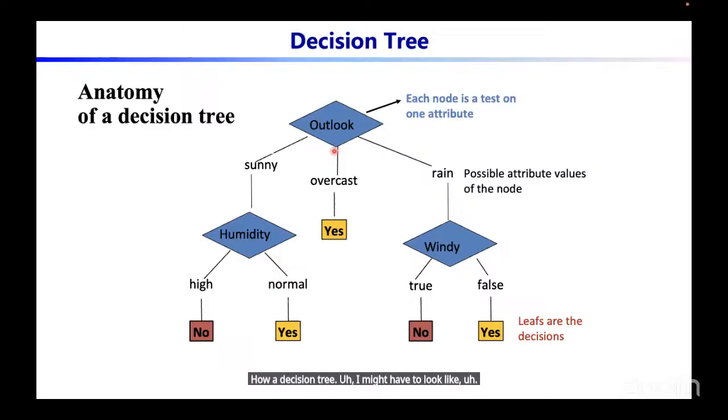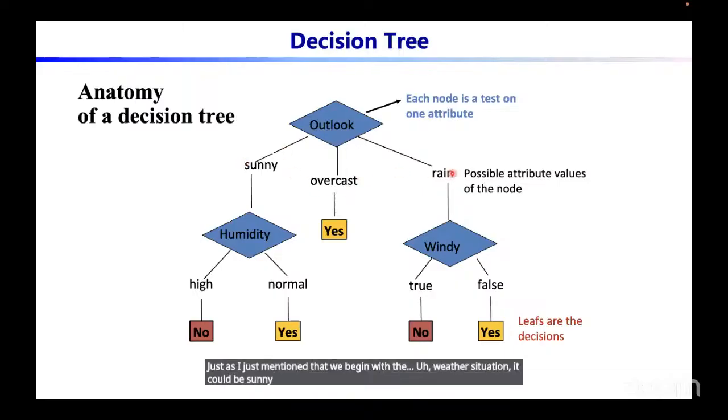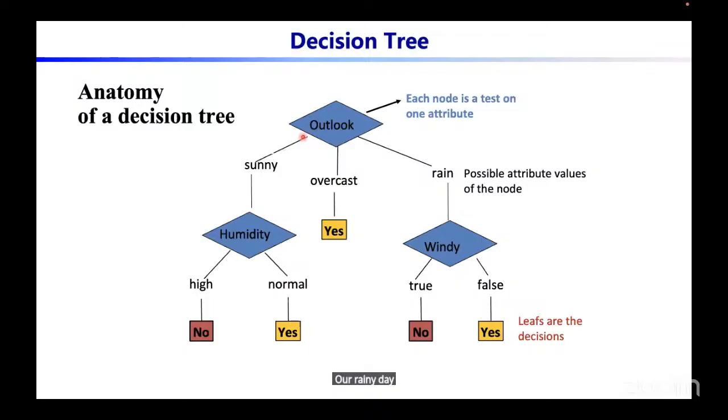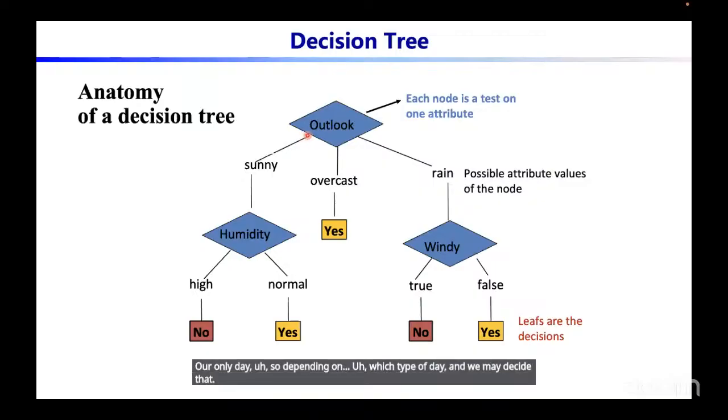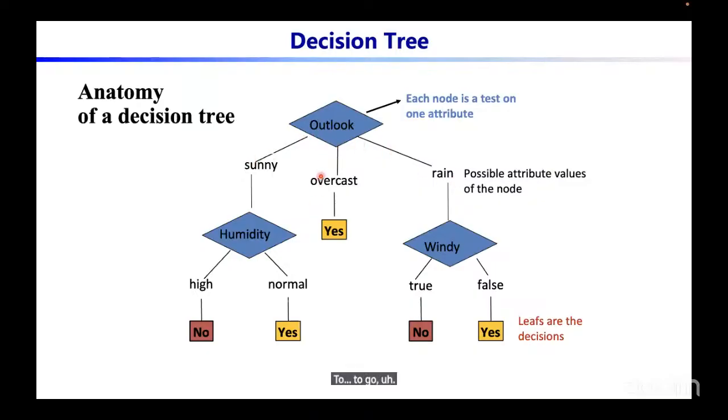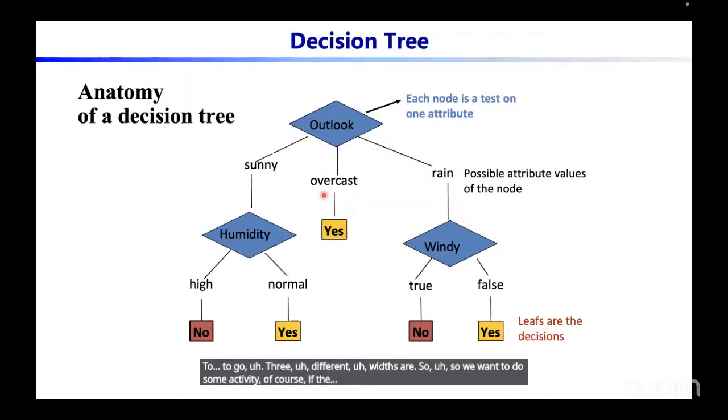Just as I mentioned, we begin with the weather situation. It could be a sunny, overcast, or rainy day. So depending on which type of day, we may decide to go three different ways. So we want to do some activity. Of course, if the weather is overcast, not rainy and also not too hot, we can immediately decide that this is the day we want to take the action.